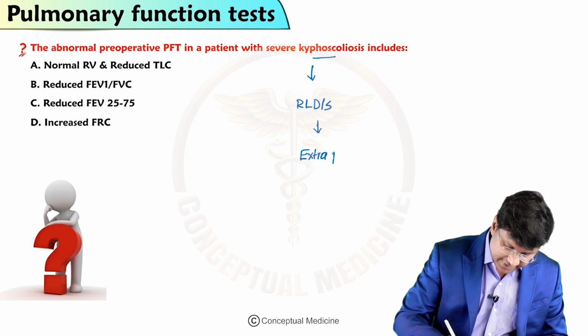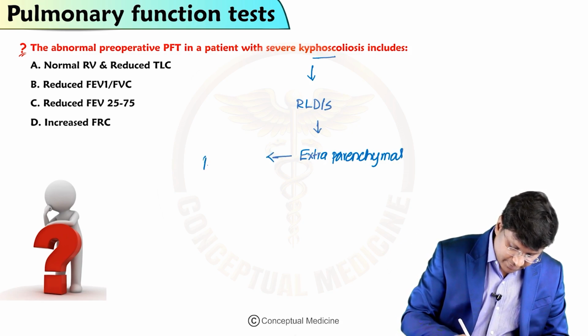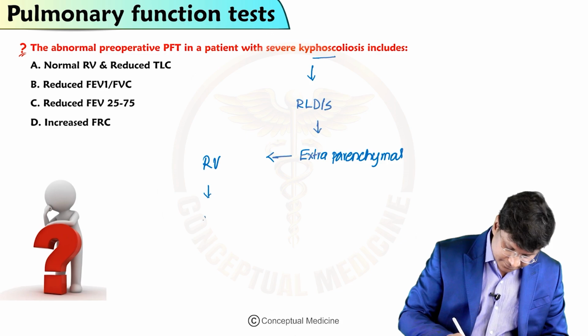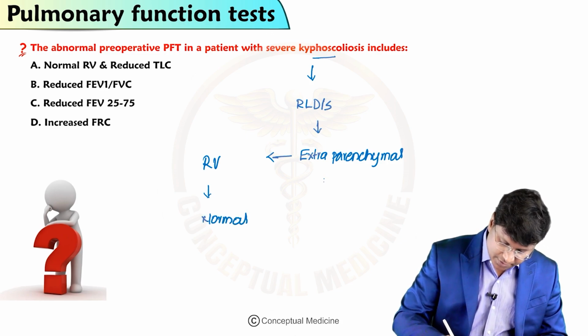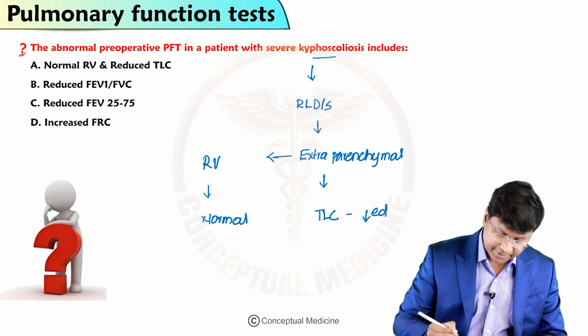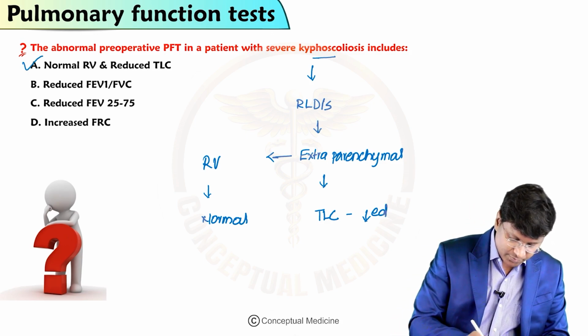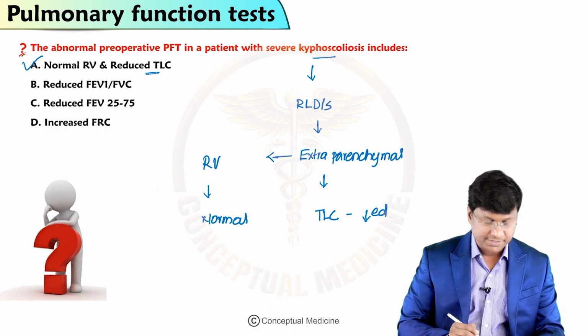Just now we have discussed that in extraparenchymal type of restrictive lung diseases, the residual volume remains normal. But the total lung capacity in patients with kyphoscoliosis will be reduced. So, the answer is normal residual volume and reduced total lung capacity.